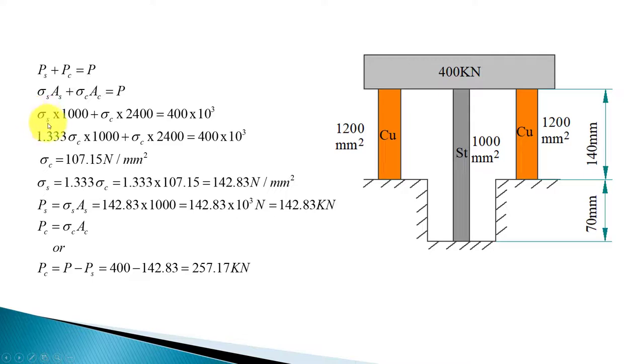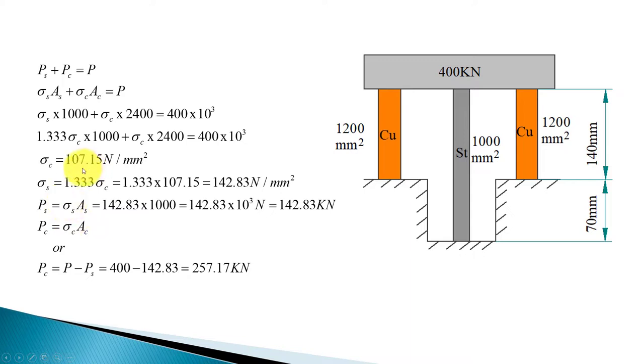Now you can substitute for sigma S from the previous relation: sigma S is 1.333 sigma C. After substituting and reducing, you will get sigma C as 107.15 Newton per mm square. So the stress induced in copper is 107.15 Newton per mm square.